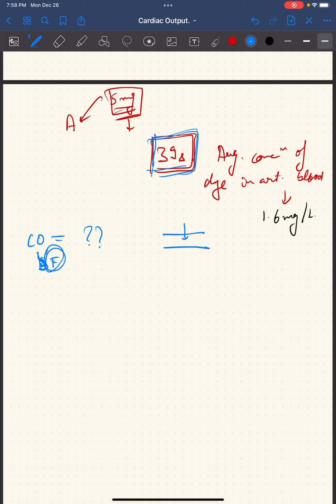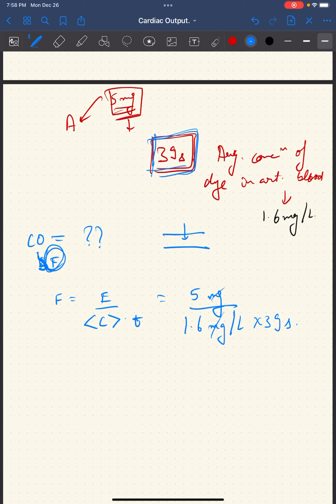So indirectly we are measuring cardiac output through this only. So flow equals E upon C T. It is 5 milligram divided by 1.6 milligram per liter into 39 seconds.